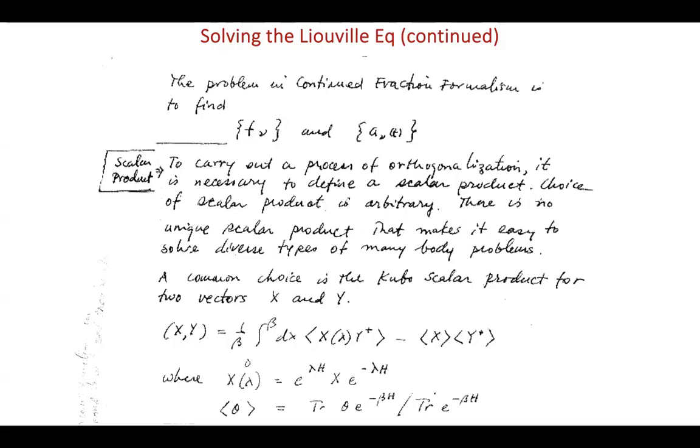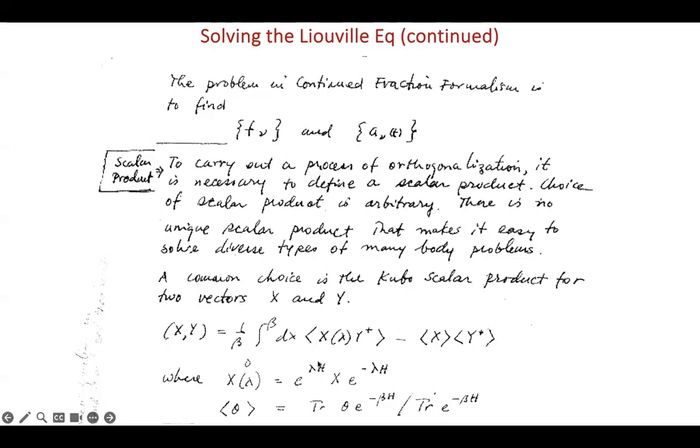So you remember the formal solution of the Liouville equation? The formal solution is e to the i t Hamiltonian over h bar, A, times e to the minus i t Hamiltonian over h bar, and then we write it out. So this is exactly the same, excepting it over h bar. Forget about h bar, it is set to 1. It is being replaced by lambda. And what is lambda?